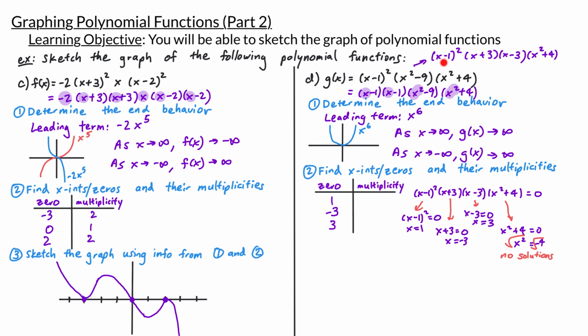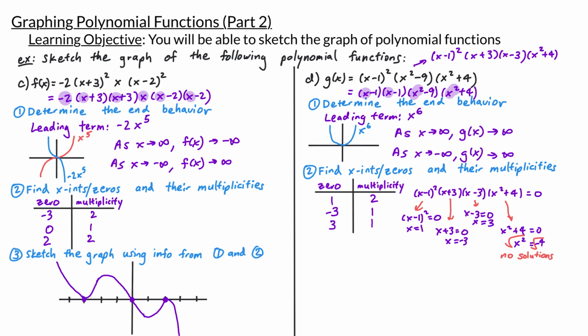Since we have (x - 1)^2, we know that 1 is a 0 of g with multiplicity 2. Next we have x + 3, and it's just to the first power, so negative 3 is a 0 of g with multiplicity 1. And then lastly, again, we have x - 3, and it's just to the first power, so 3 is a 0 of g with multiplicity 1.